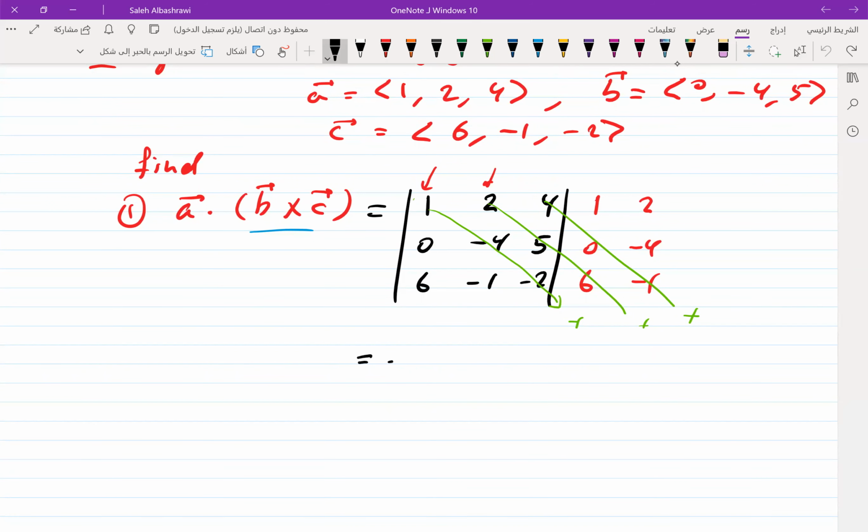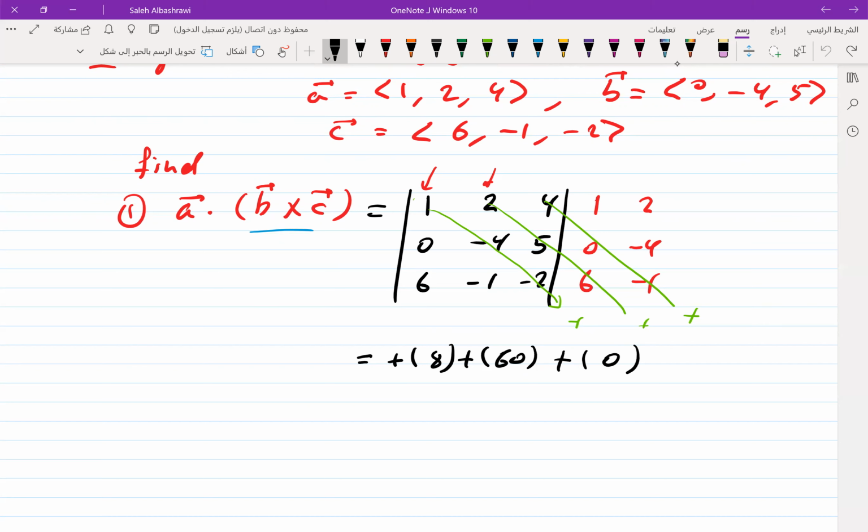So it will be plus, first one, 1 times minus 4 times minus 2 is plus 8. Plus 2 times 5 is 10 times 6 is 60. Third one, 4 times 0 times minus 1 is 0. So this is moving from the upper left corner to the right, down.